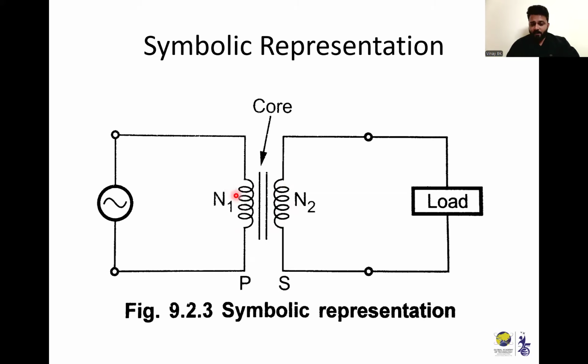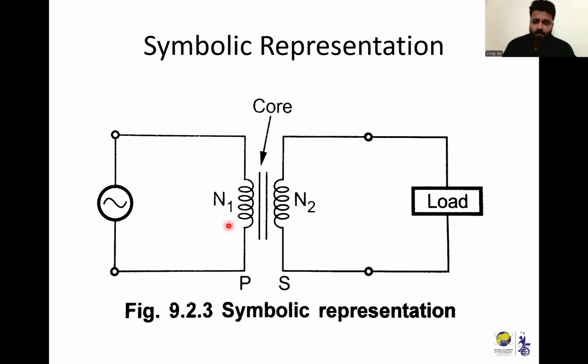The winding which is always connected across the source or supply is called the primary winding. N1 is the number of turns in the primary winding, which is always connected across the supply side.